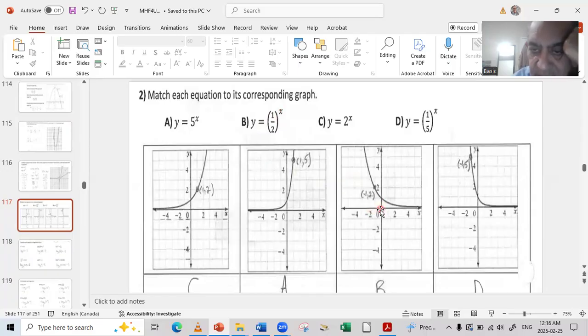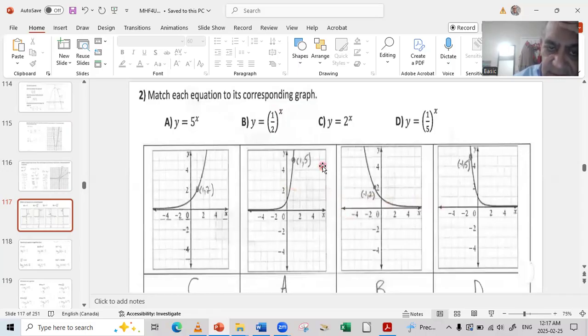Then if x is 1, y will equal half. X is 1 in the middle, then y will be half. Half power 1 is half. And so on, and you go by this figure.